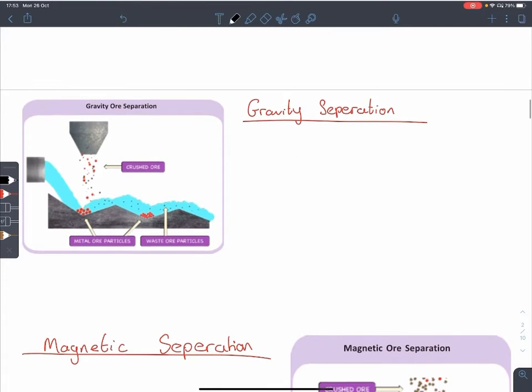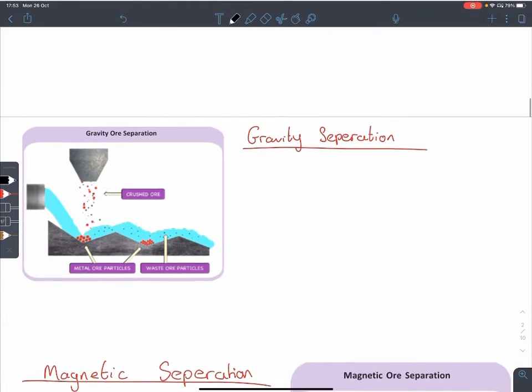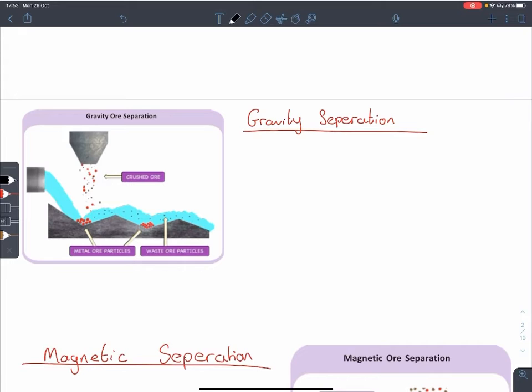Now, the first separation technique would be the gravity separation technique. So in the gravity separation technique, it obviously uses gravity to separate the iron from impurities.